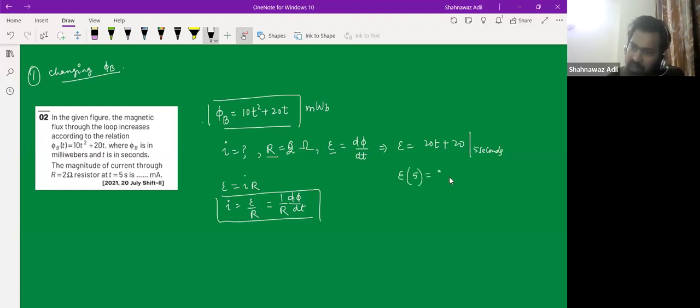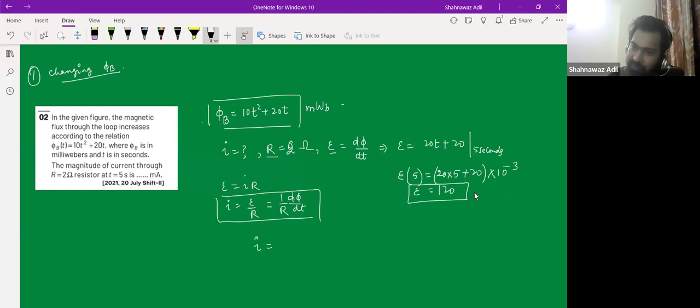This is 20 into 5 plus 20, which is 120, right? So this is the EMF, and we have the resistance, so we can calculate. And remember, this is in milliwebers, so we have to write it in webers. So this would be, right, into 10 to the power minus 3.